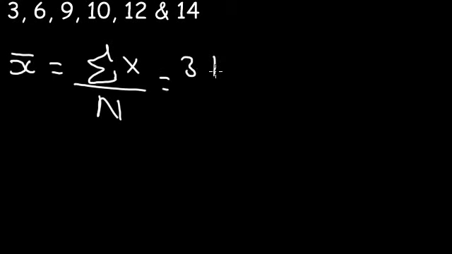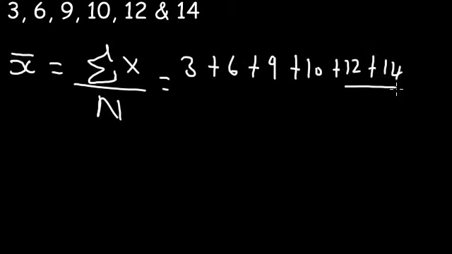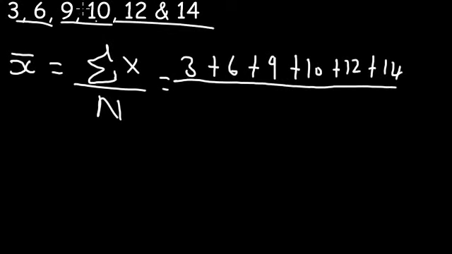That will be 3 plus 6 plus 9 plus 10 plus 12, then plus 14. And we are dividing by how many? 2, 4, 6. So there are 6 in number, so divided by 6. So the addition would result in what? Let's add that together. 3 plus 6 plus 9 plus 10 plus 12 plus 14 gives us 54.